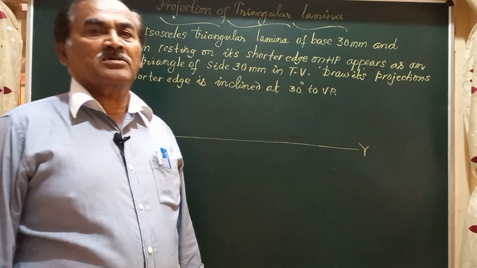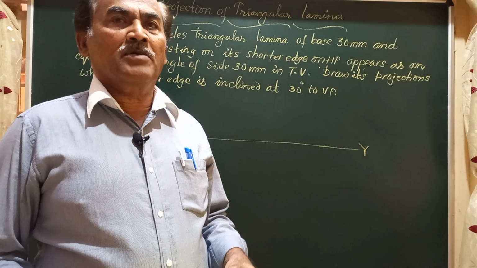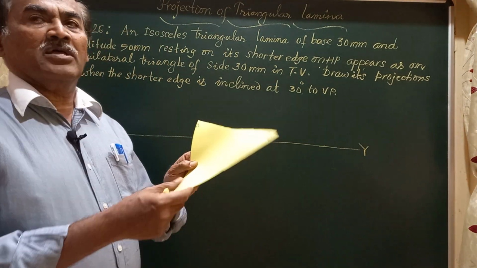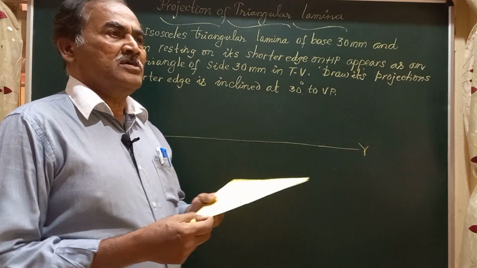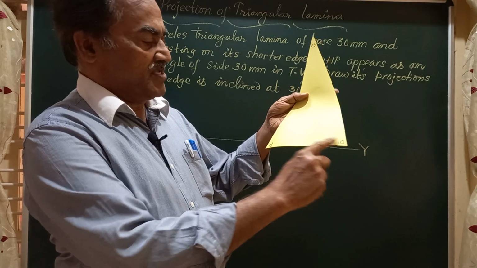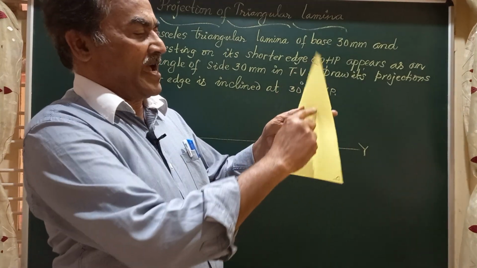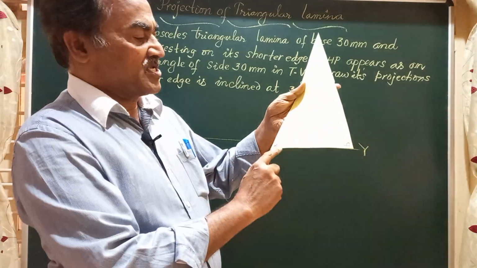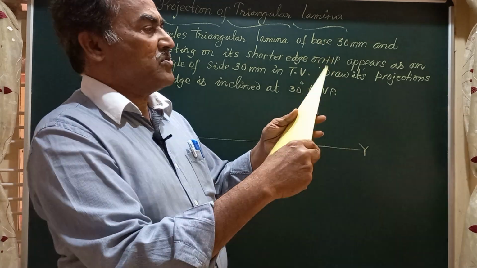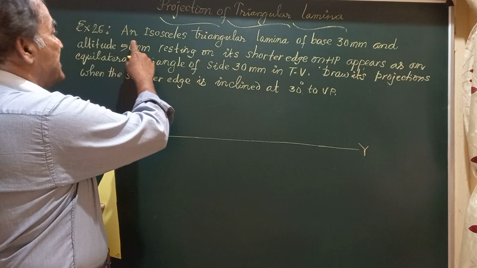Good morning, friends. In today's session, we are going to work out a problem on an isosceles triangular lamina. Friends, you know very well that an isosceles triangle will have a base AB of some length and it will have a height or altitude, which is the distance measured from here till this corner C. Now, in today's session, friends, we have a problem which states like this.